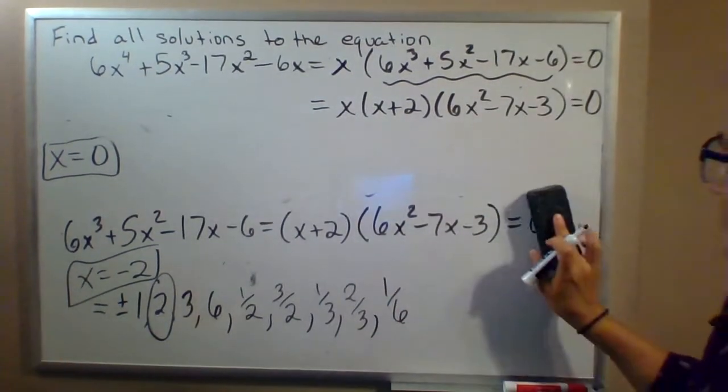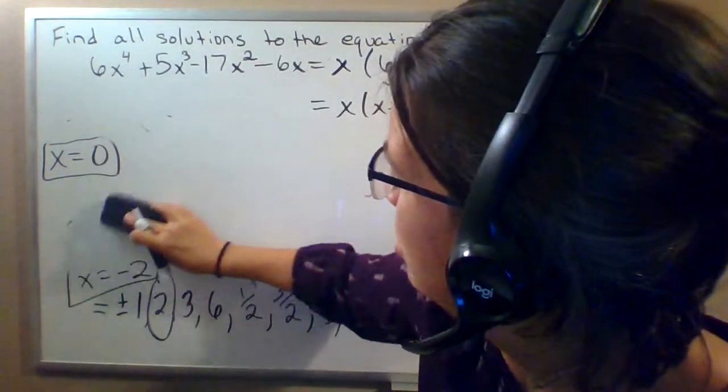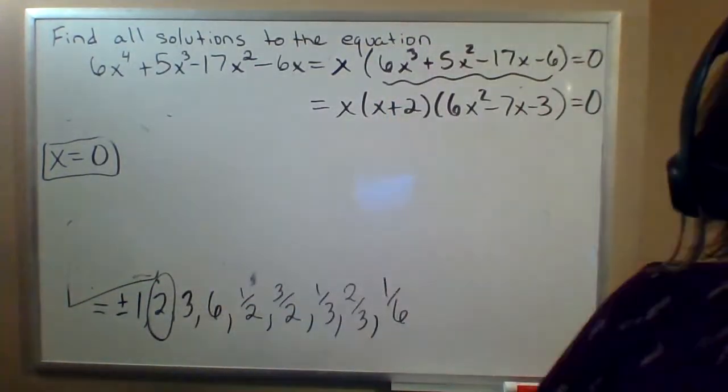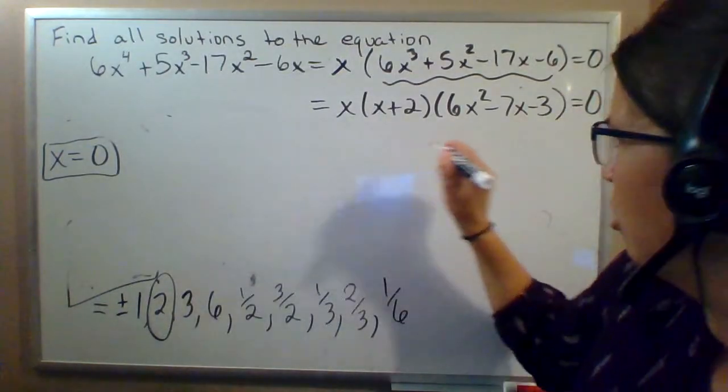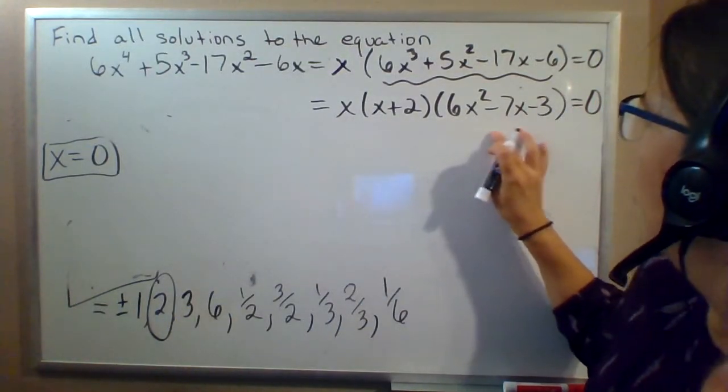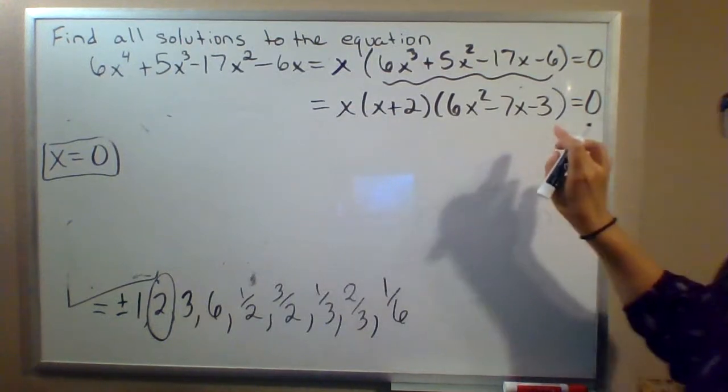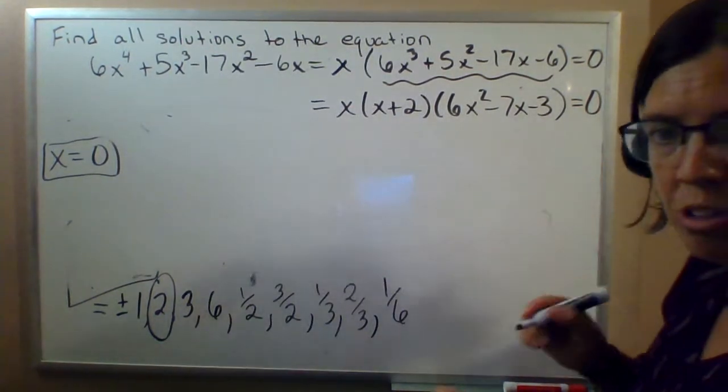Since it's a quadratic expression, you could solve it either with the quadratic formula or by factoring. I'm going to talk through the factoring. So say we want to factor this. I'm going to go through what's called the AC method.